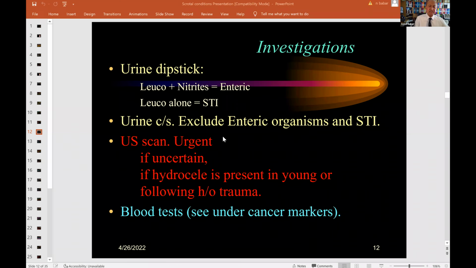Urgent ultrasound scan should be done if there is uncertainty, if hydrocele is present in a younger age group, or if there is presence of swelling after trauma to exclude hematocele. Blood tests need to be done for markers of testicular cancer, and we will discuss this under the testicular cancer section.